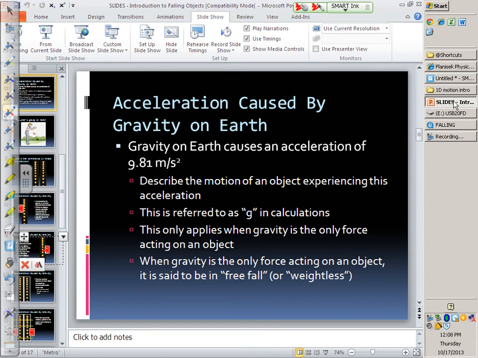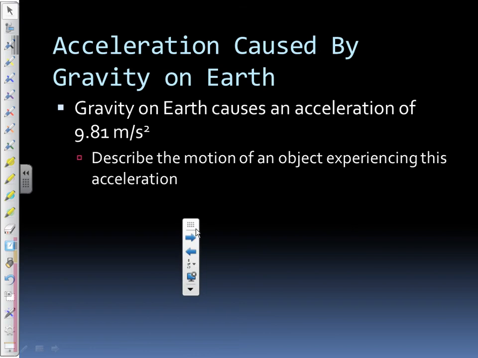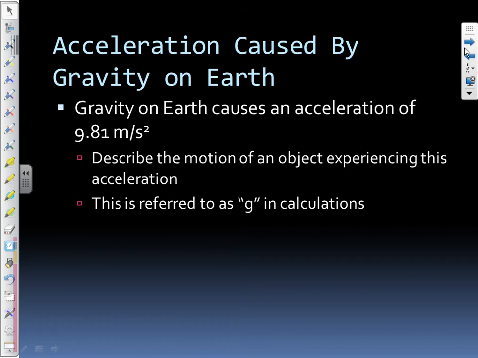So let's write down a couple of things, make sure we got that stuff. We just described the motion of the object experiencing that acceleration. This number is so important that we refer to it as lowercase g. It gets its own value. So anytime that we talk about the acceleration caused by gravity, we just shorthand write that as lowercase g.